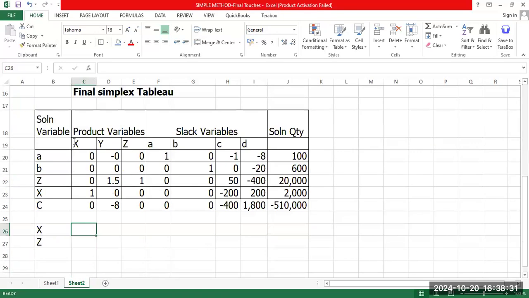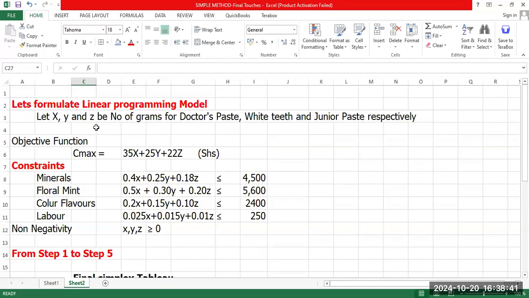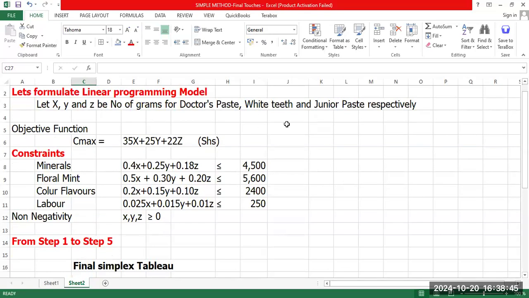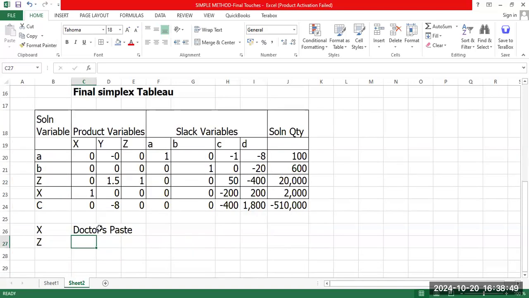X is doctors paste. Then what is your Z? That is junior paste. Z is junior paste.